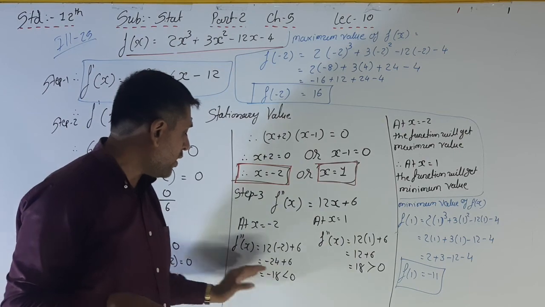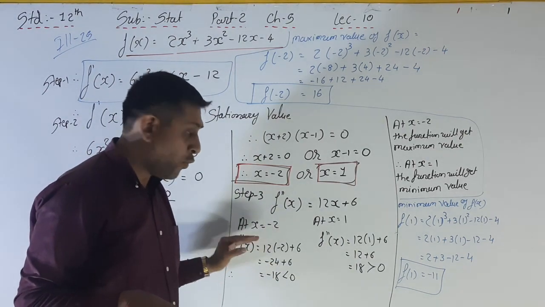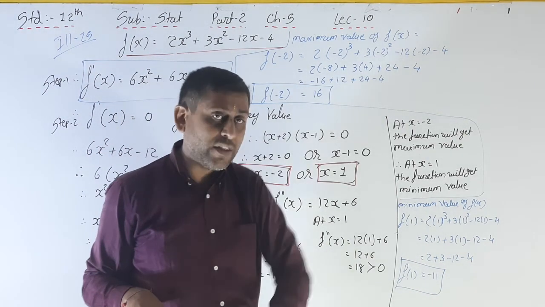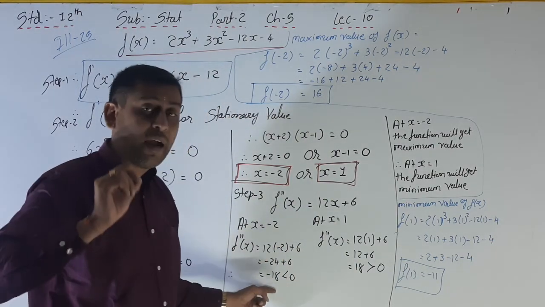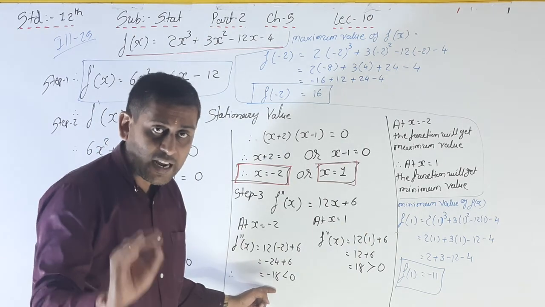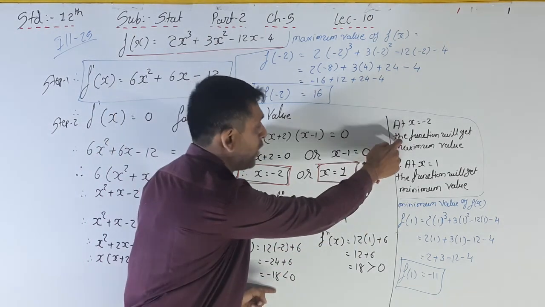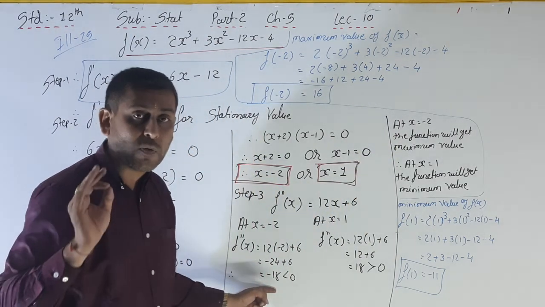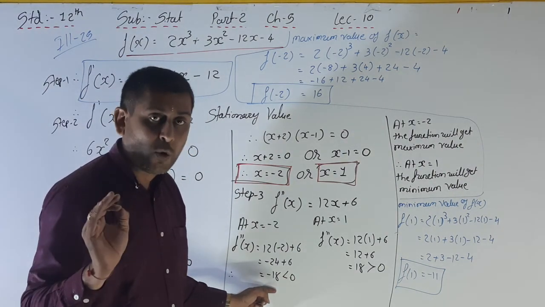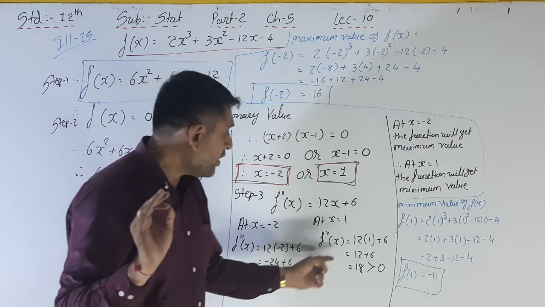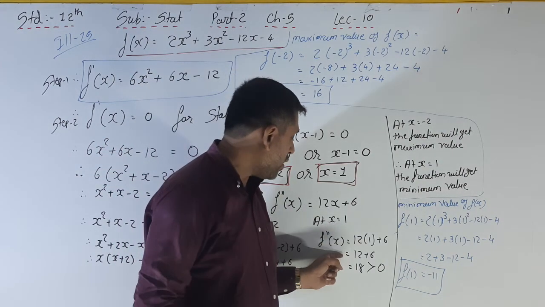What is the value here? The first one, x = -2. In the second differentiation, the final answer at x = -2 is -18, which is negative. So we have to write that at x = -2 the function gets a maximum value. And by putting x = 1, what is the value?